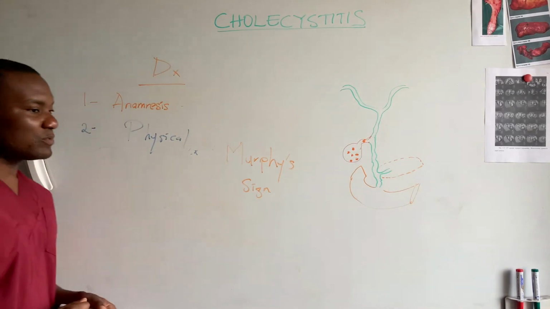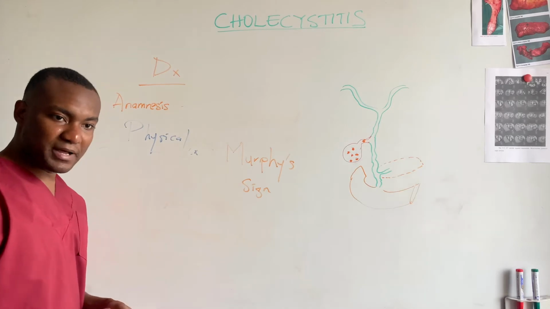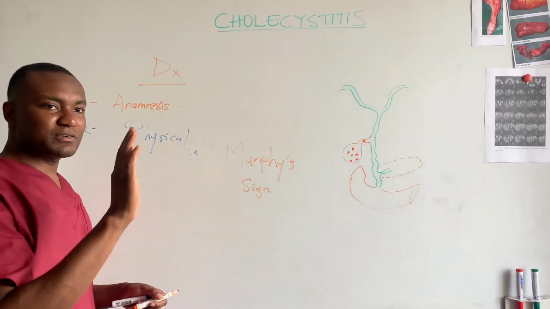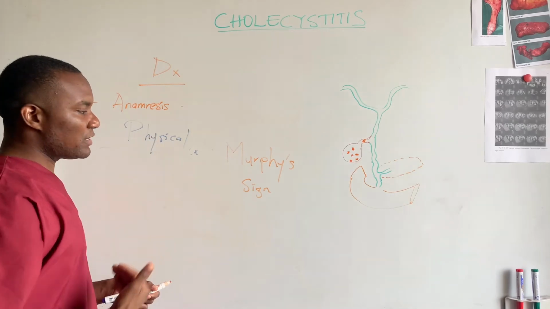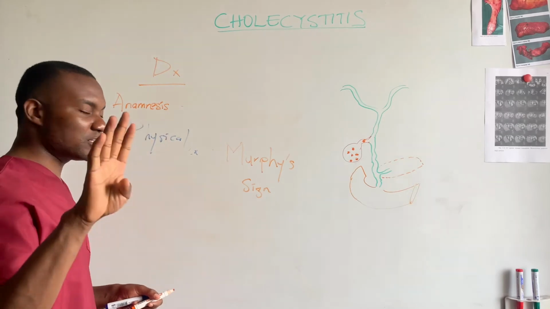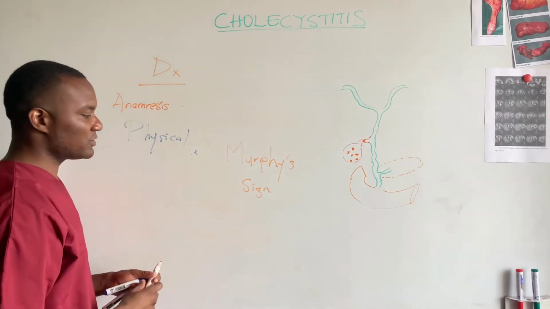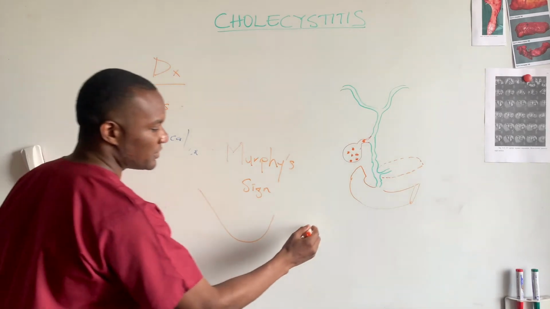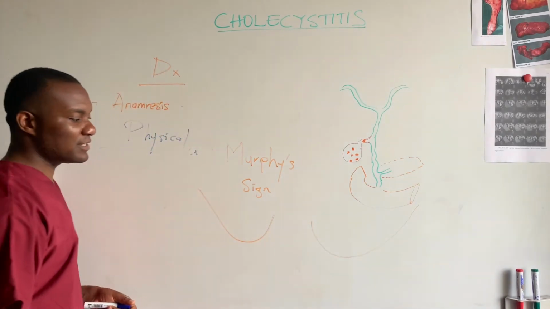Murphy's sign is when the patient is lying supine and you place your fingertips at the right costal margin, mid-clavicular line, on this patient's abdomen. So let's imagine that this is the costal arch from the right and this is from the left.